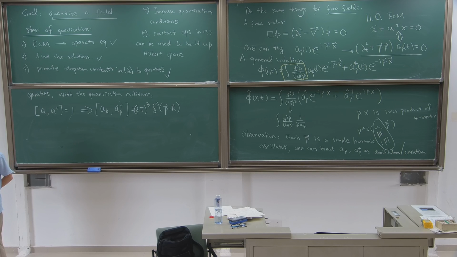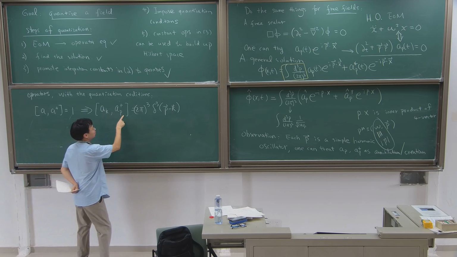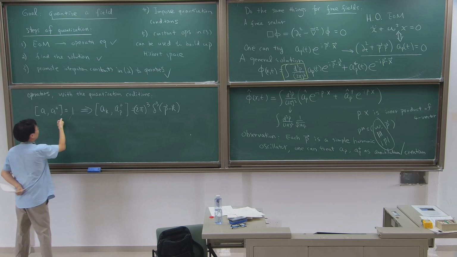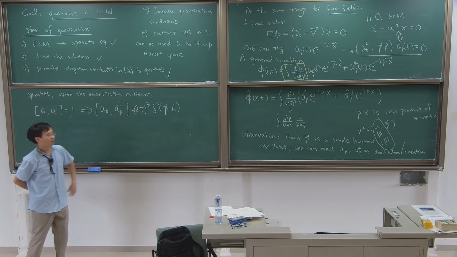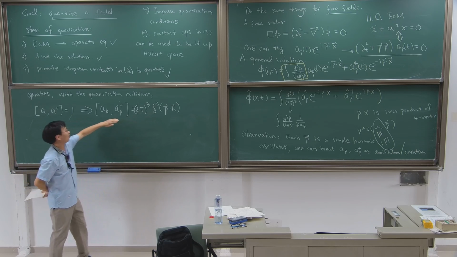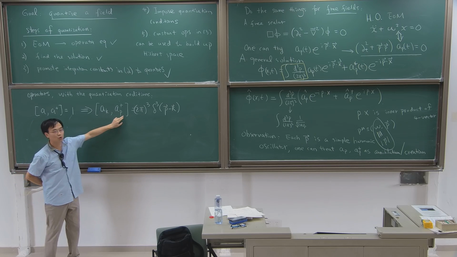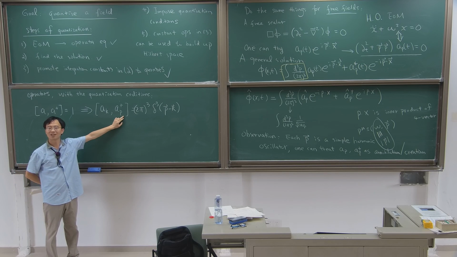Now, for modes with different momentum, we don't think that they touch each other. So that's why for different k and p, there's no non-trivial commutator. You just get 0, right? So the right-hand side is non-trivial only when k equals p.